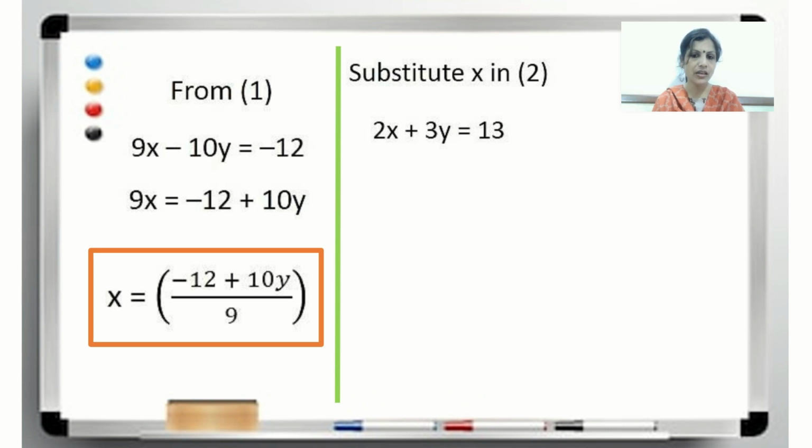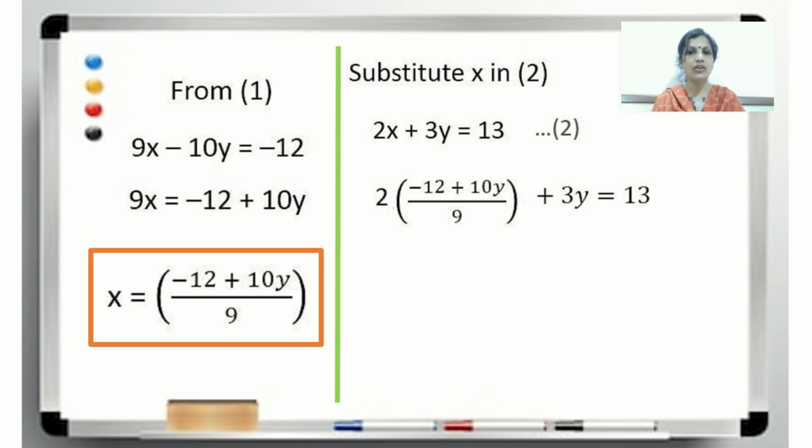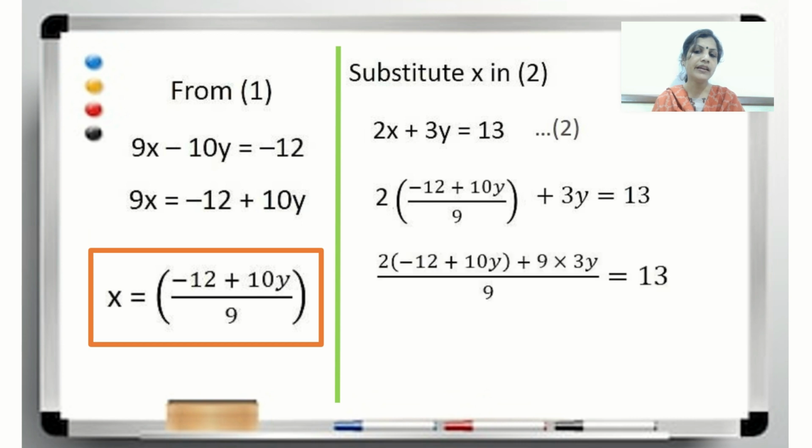So let's start doing it. 2 in the bracket, minus 12 plus 10y upon 9, plus 3y is equal to 13. Now you will see that we cannot cancel anything. So what do we do? We will multiply 2 with the bracket and it will solve it. So 2 in the bracket, minus 12 plus 10y, plus, we'll cross multiply this 9 into 3y. 3y has denominator 1, so 9 into 1 will be 9.